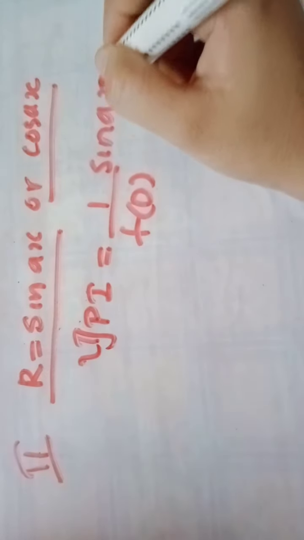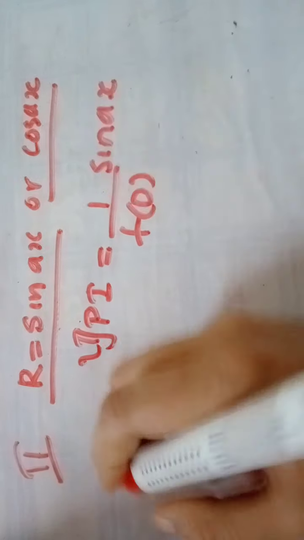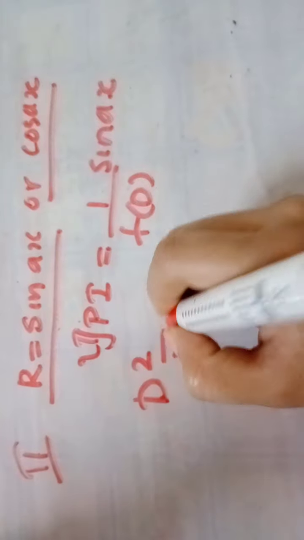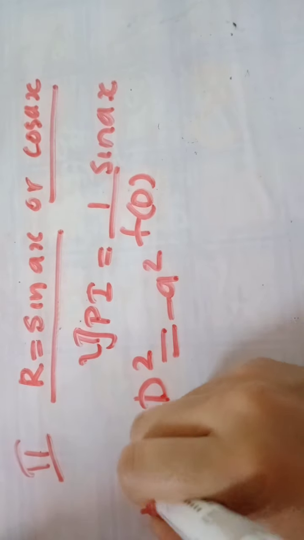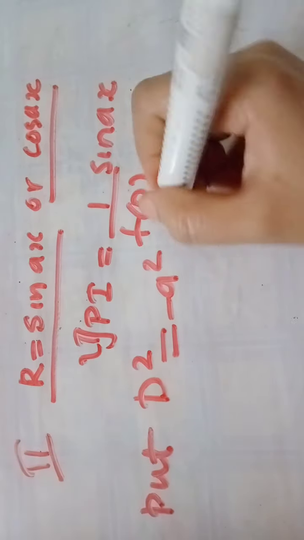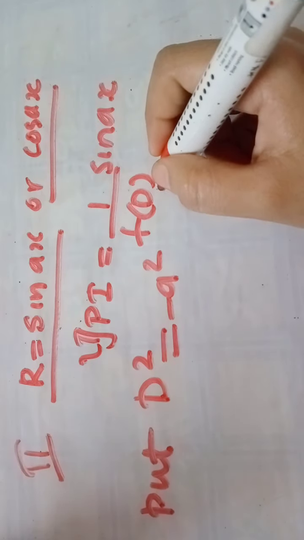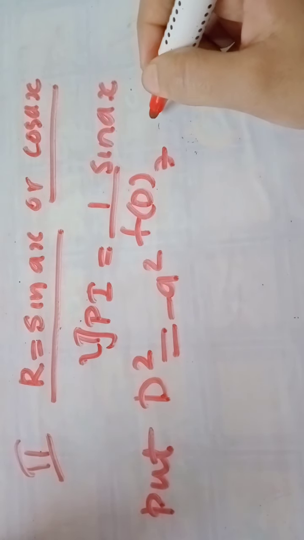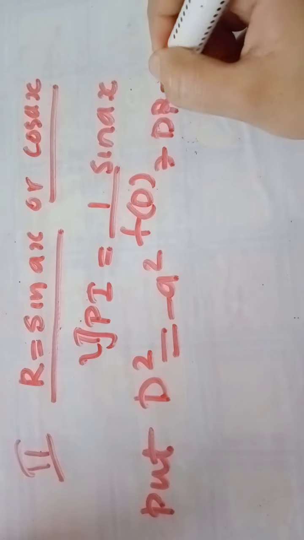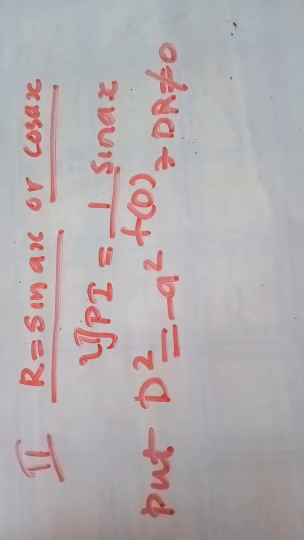We are considering sin ax as the right hand side. Put D square is equal to minus a square, such that the denominator is not equal to 0.